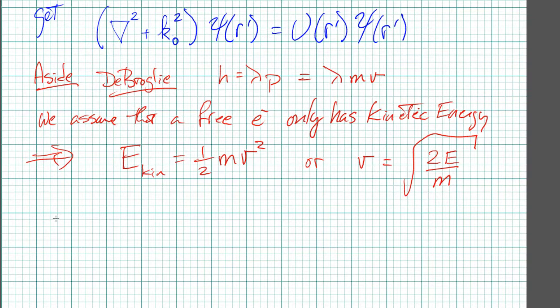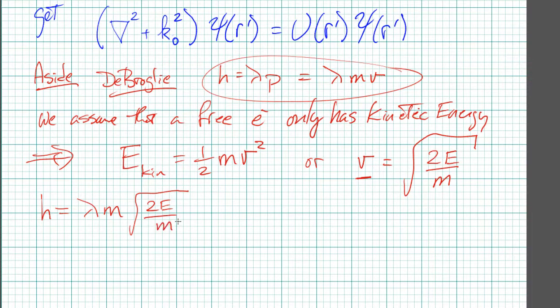So now that we have v, we can find a relationship with lambda and v, because we get that from up here, h equals lambda m, and we're going to put in v, times the square root of 2E over m.